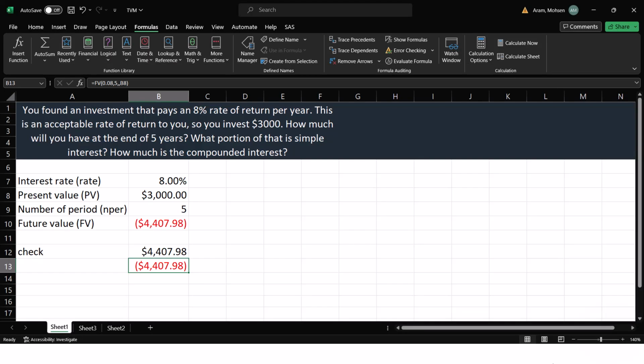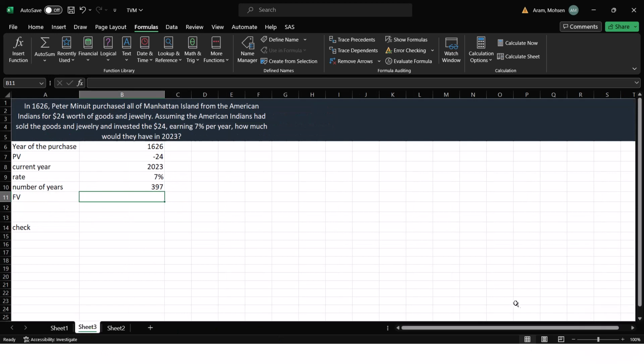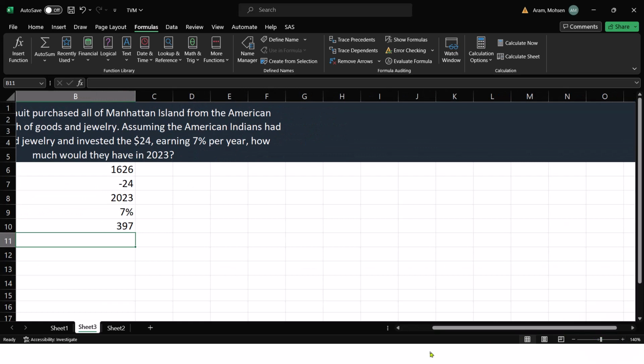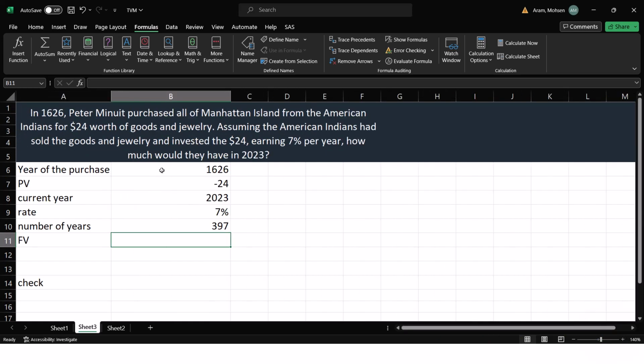So let's go over this problem. So we have the year of the purchase, 1626, present value would be $24, current year is 2023, rate is 7%, and the number of years would be 397, which is the difference between 2023 and 1626.